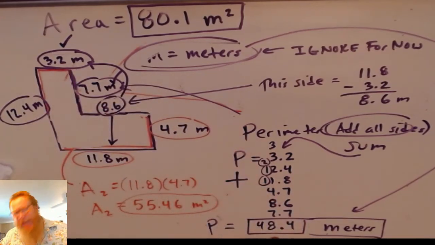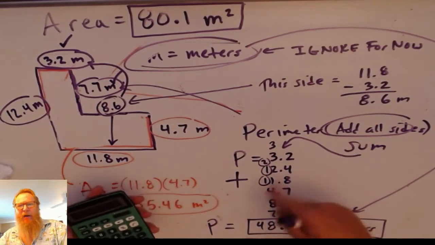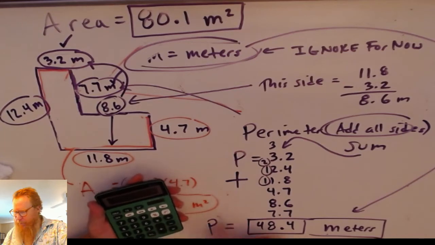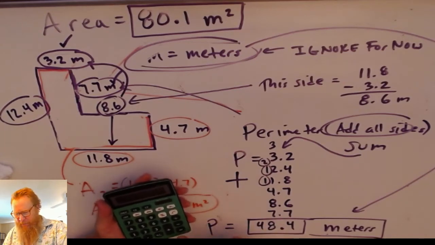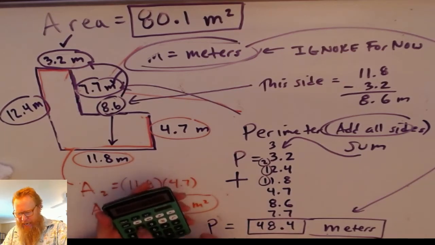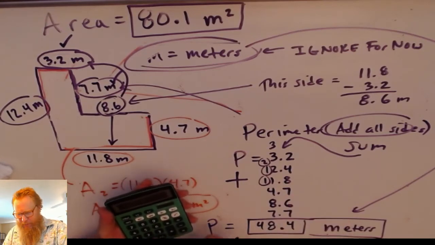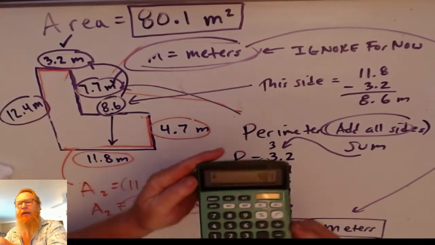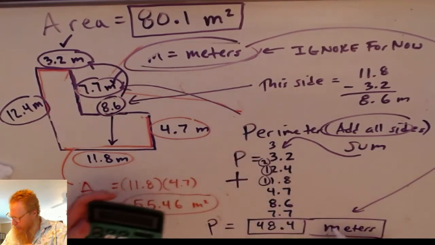That's how much fencing you would need, 48.4 meters. I don't want to make any mistakes today, so I'm going to double check this. 3.2 plus 12.4 plus 11.8 plus 4.7 plus 8.6 plus 7.7, and I get 48.4. Check.